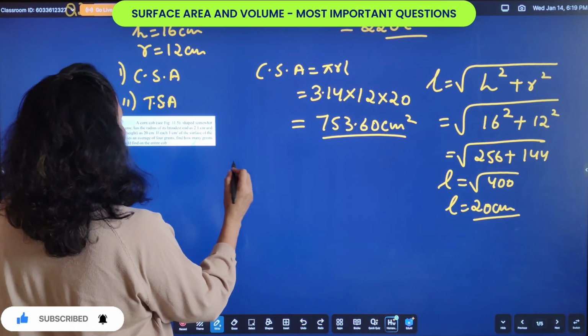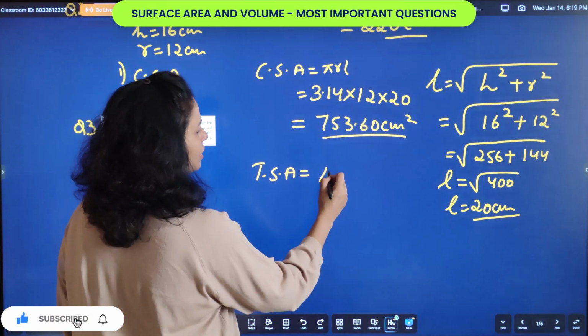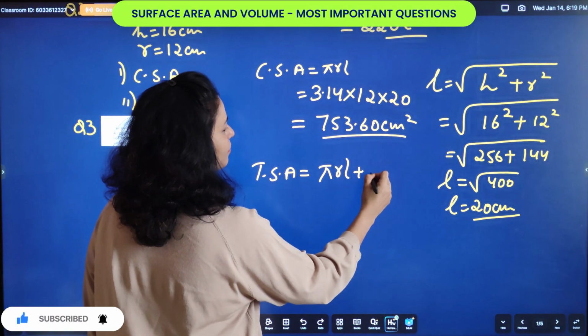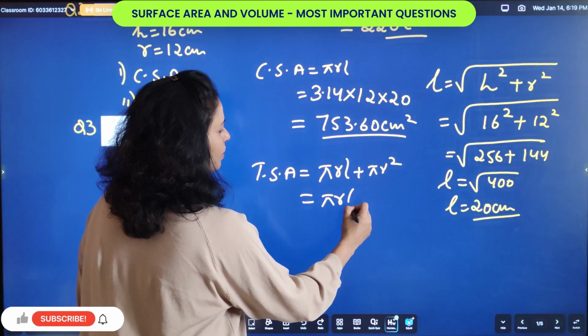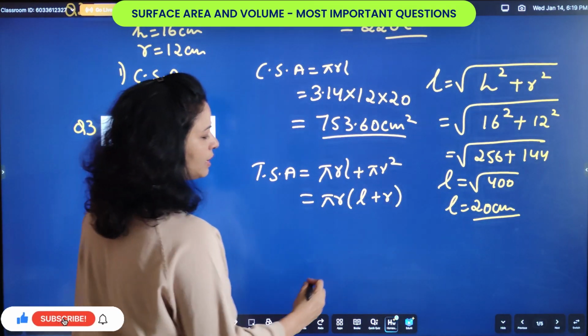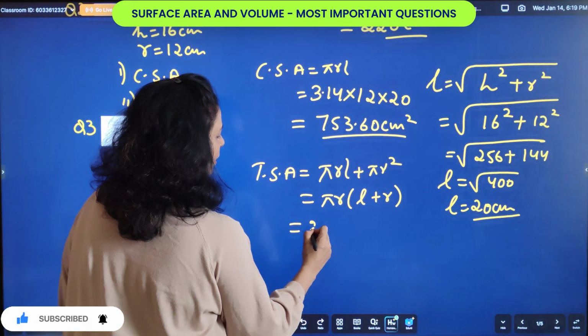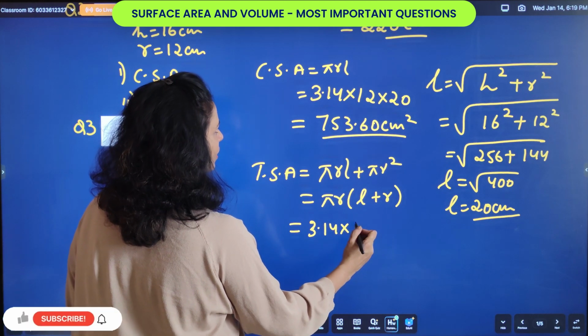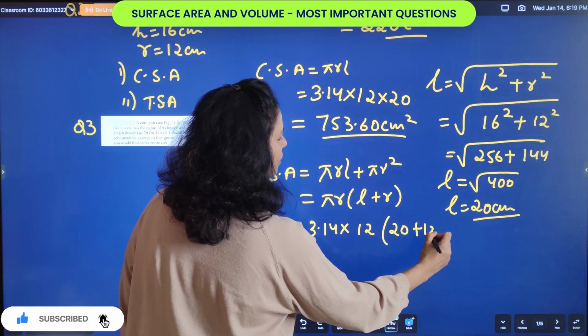Now coming to the TSA part, that is total surface area. The formula, if you remember, is pi R L plus pi R square. Here we can take pi R common, and in the bracket we can write L plus R. Now I can use the values: 3.14 into R was 12 and here L is 20 plus R is 12.